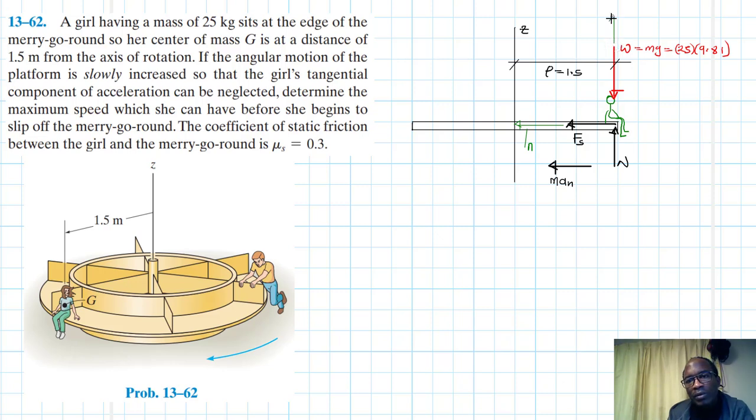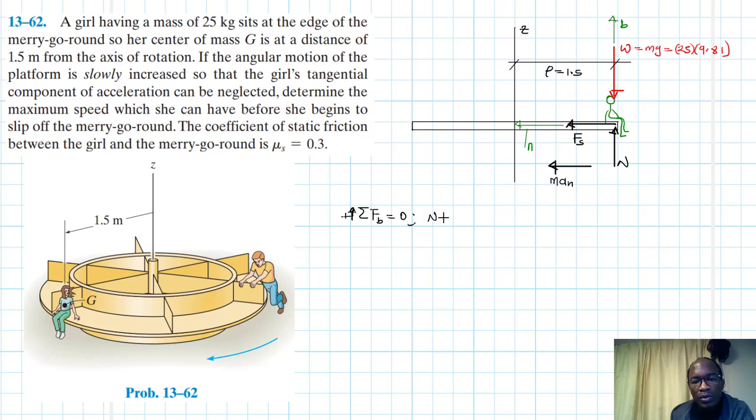We'll start in that direction so that we get the value of N, which we use later for the friction. So summation of forces along the b is just going to be equal to 0 because we don't have any motion in that direction.